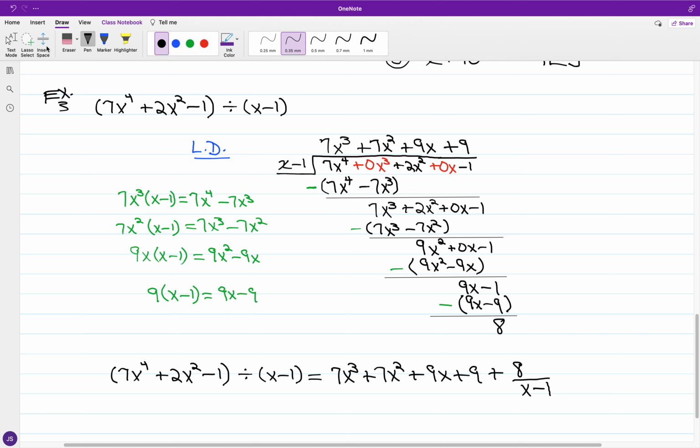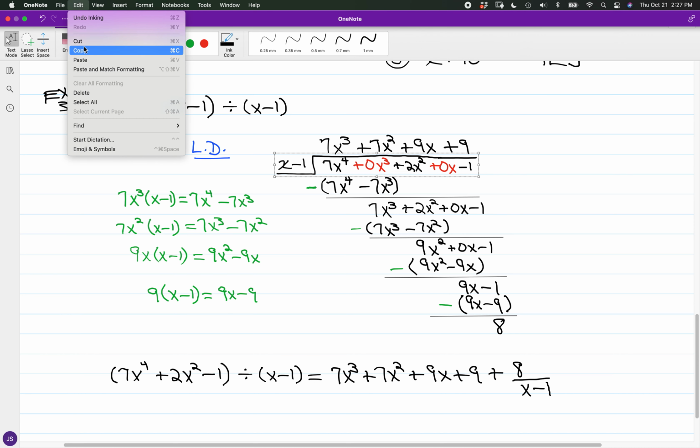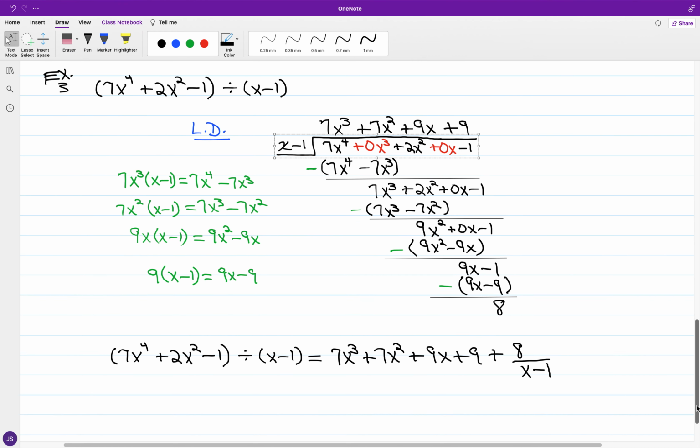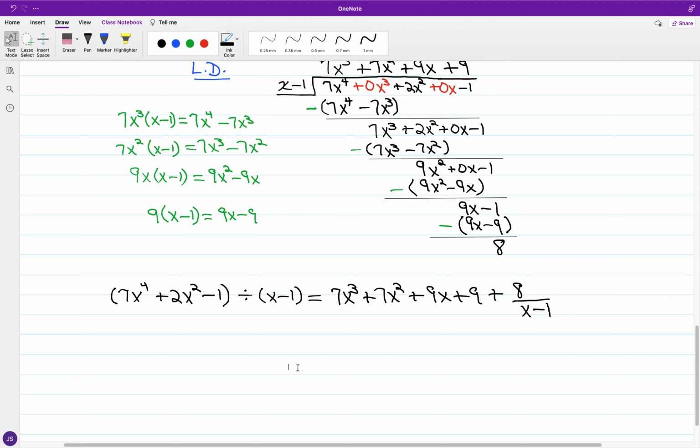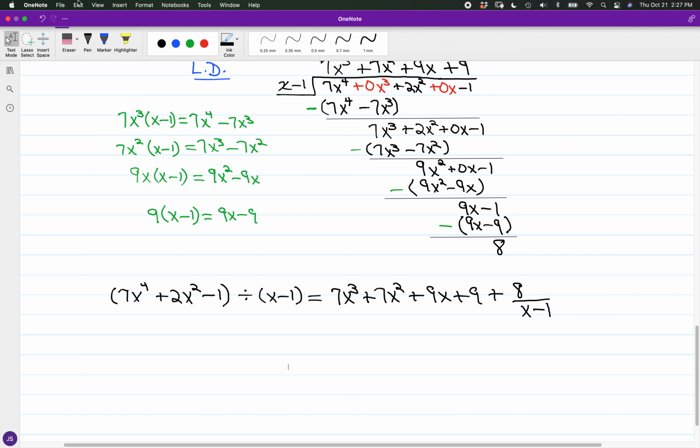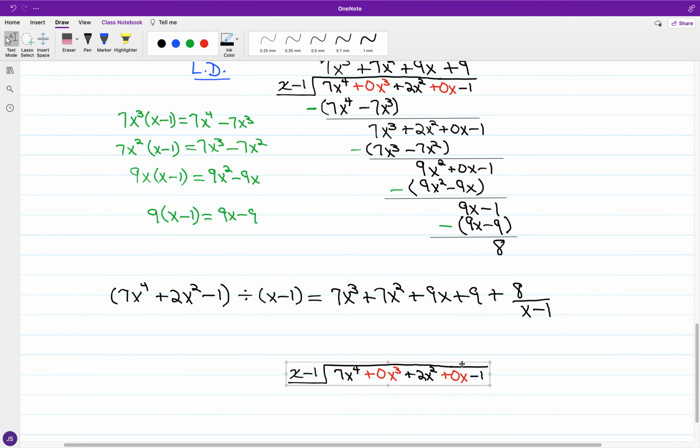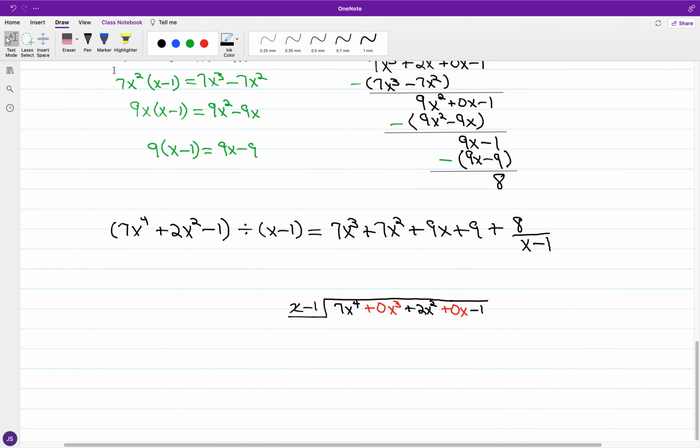Now, if I were to take what I have here and put it along the lines of synthetic division, just putting it in the context of synthetic division.